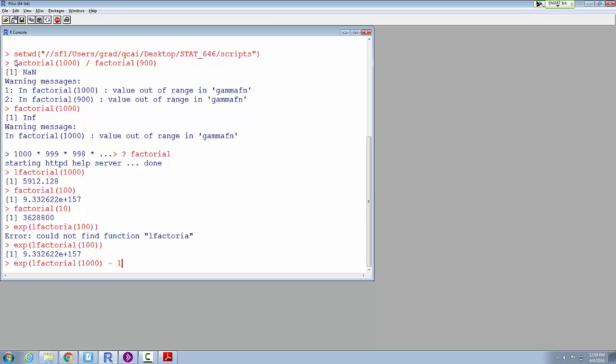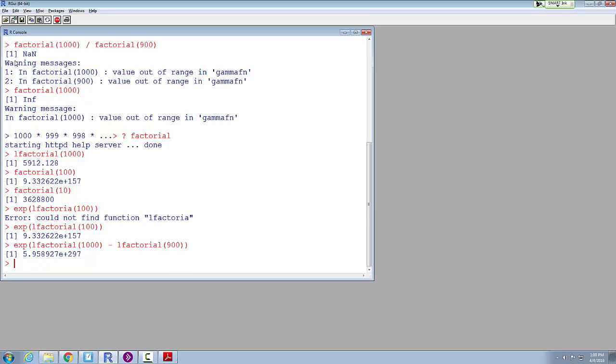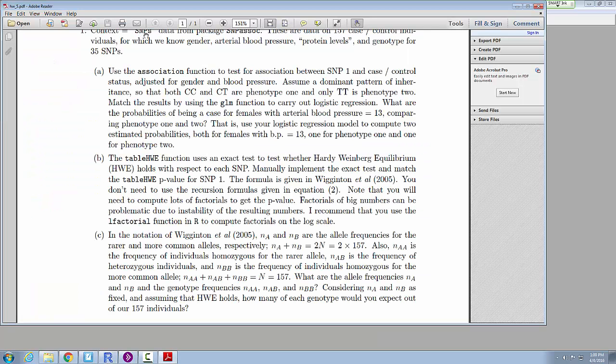So I'm going to do this as L factorial 900, and I'm subtracting. So I still get an enormous number, but it could actually compute it. When you try to code the Wigginton formula up, see if you can use those log factorials. Otherwise, you won't be able to compute it.